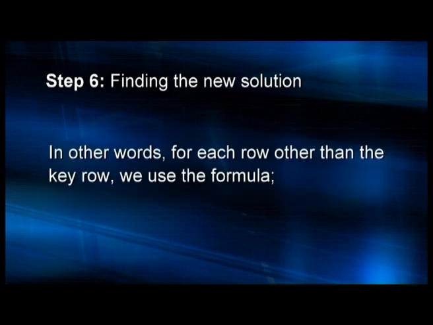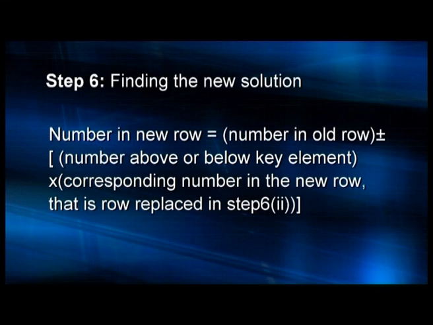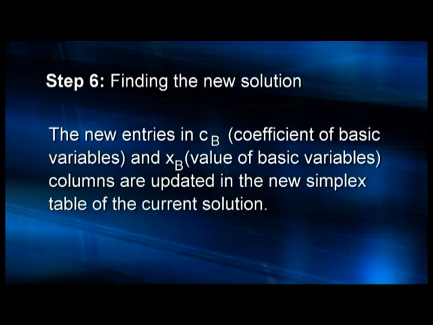In other words, for each row other than the key row, we use the formula: number in new row equals number in old row plus or minus number above or below key element into corresponding number in the new row, that is the row replaced in step 6 and in case 2. The new entries in CB, that is the coefficient of basic variables, and XB, that is the value of basic variables, columns are updated in the new simplex table of the current solution.